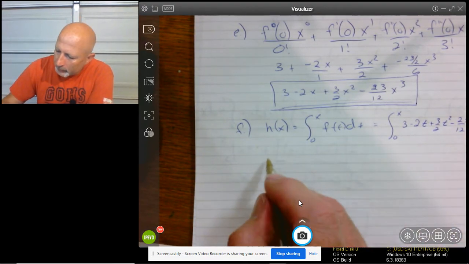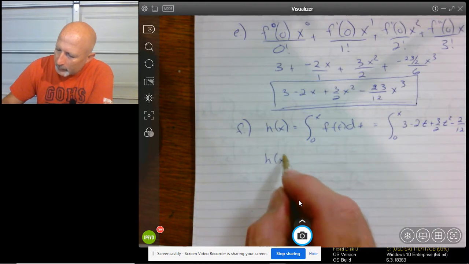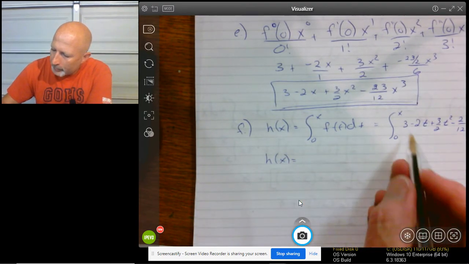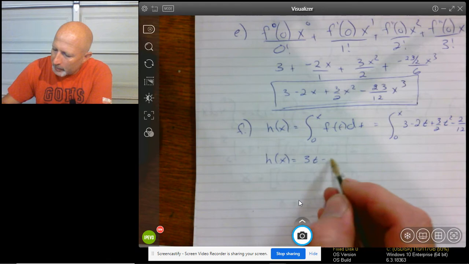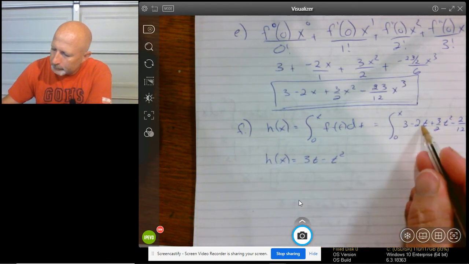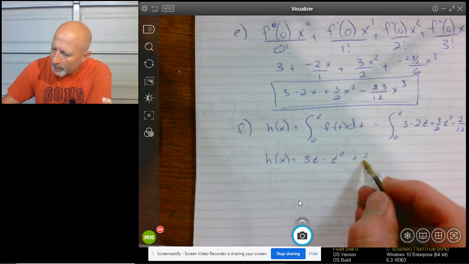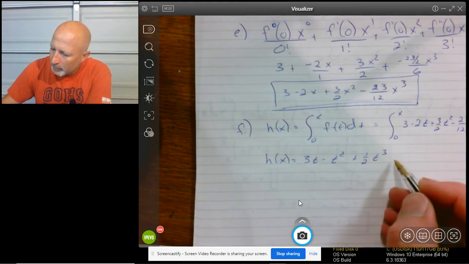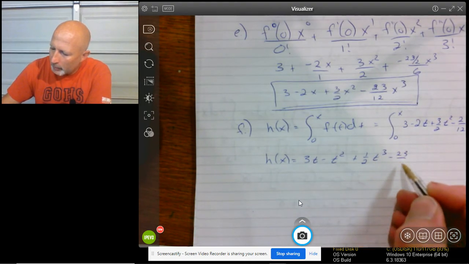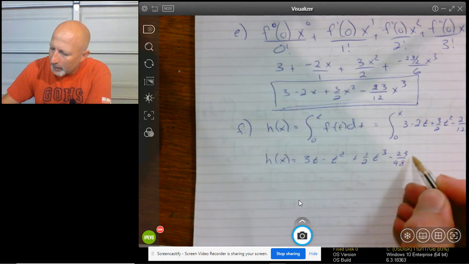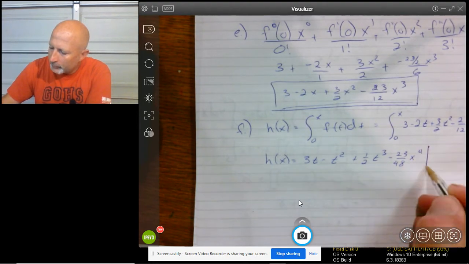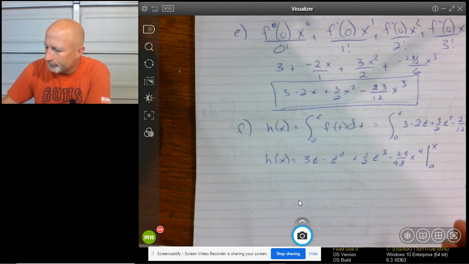Okay, integrating this, I have h of x is equal to 3t minus t squared plus 1/2 t cubed minus 23 all over 48 t to the fourth, and this is going to be evaluated from 0 to x.